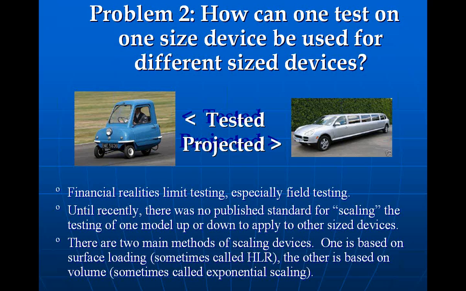There's 2 really main methods of scaling a device. One's based on surface loading called HLR. This is what Dr. Minton convinced me dominated my devices. And just as an aside, I'll tell you how I disagreed with him quite strongly. And I can tell you today there's still plenty of SWEMA members that disagree with that quite strongly. But he told me to go to my own data, my field testing, my weights. And I found out that my devices that had the lowest HLR collected more pounds per acre per year than the ones that had a higher HLR.